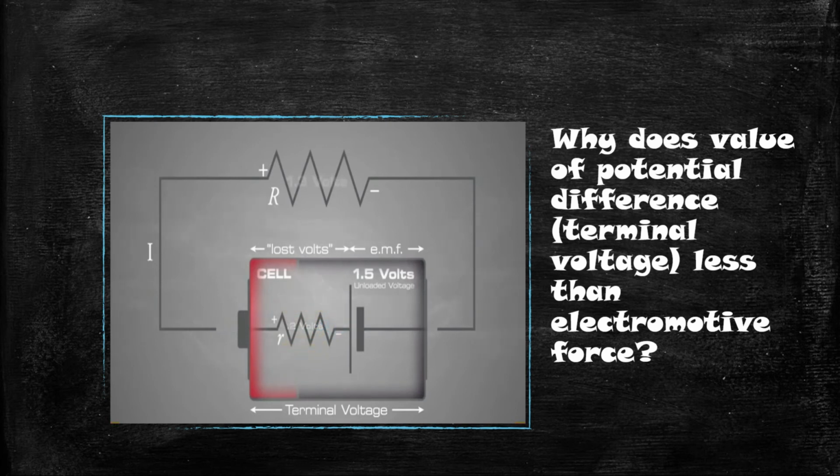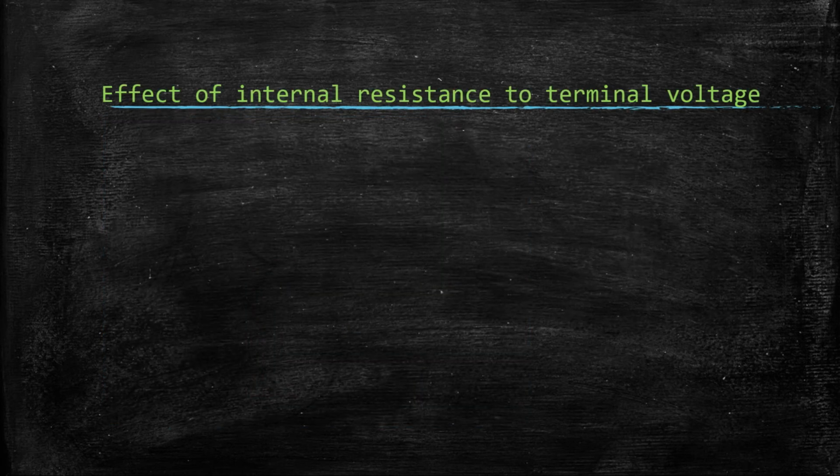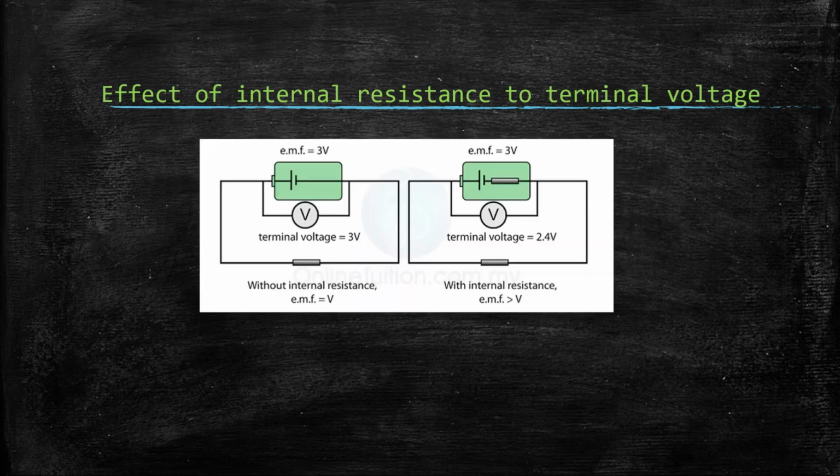When the circuit was not connected, the battery had an unloaded voltage rating of 1.5 volts. Once the circuit was connected and current started to flow, there was a voltage drop across the internal resistance of the device, and the applied circuit voltage was reduced to 1.3 volts. So what is the effect of internal resistance on the terminal voltage?